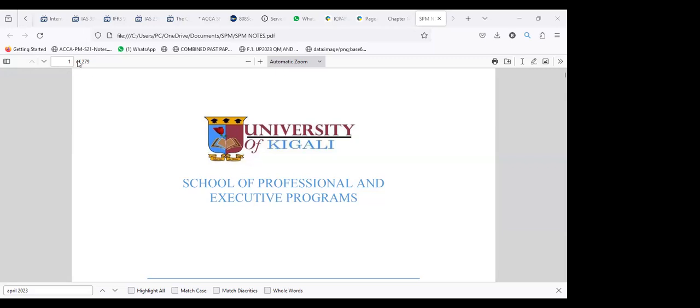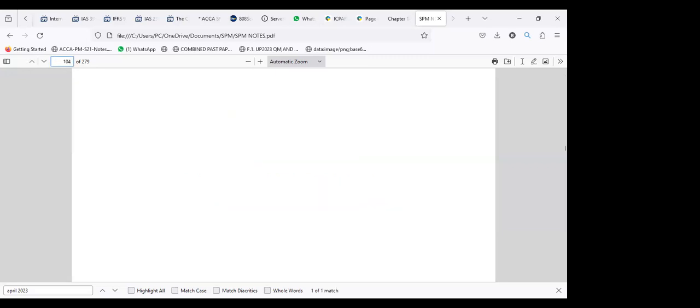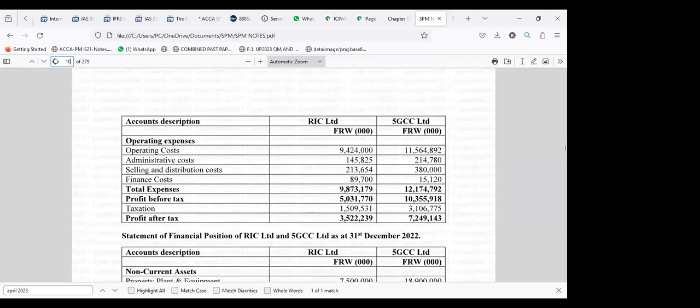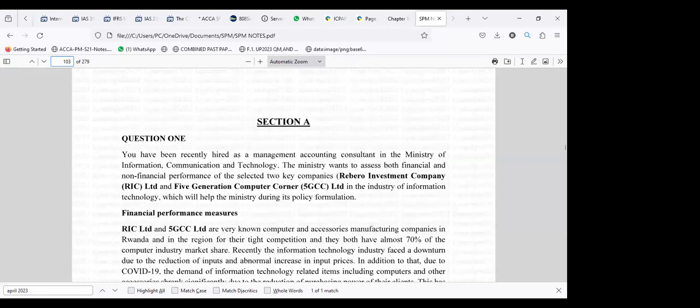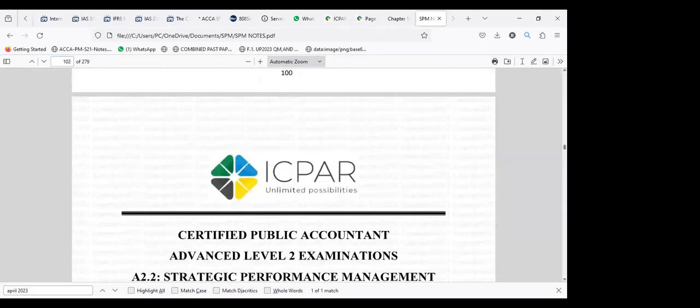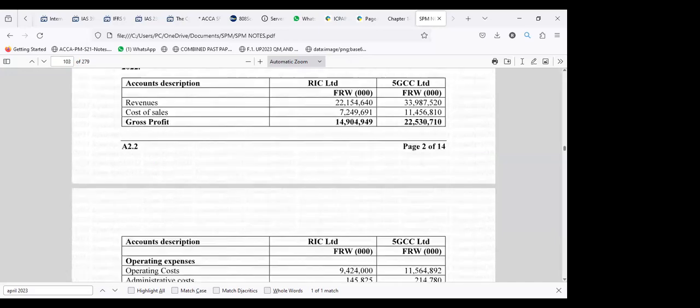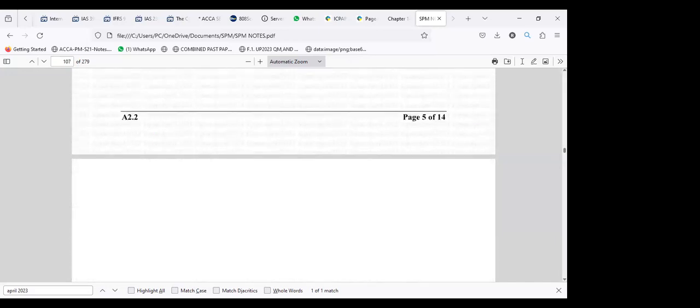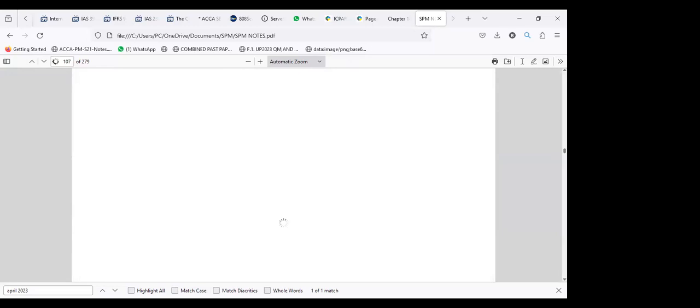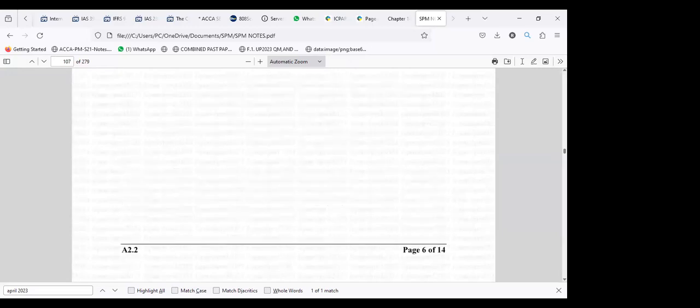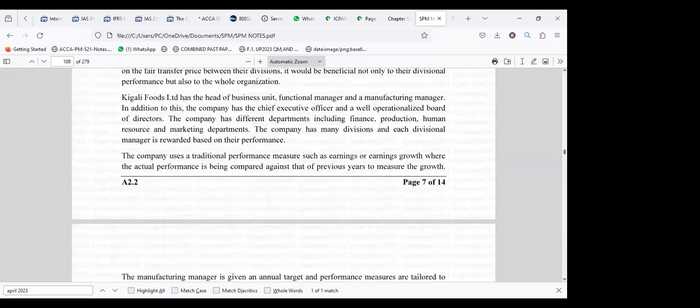I think I see it is within 1043. Yeah, it is there. So let me check and see. The question number you said, what? Question number 3.